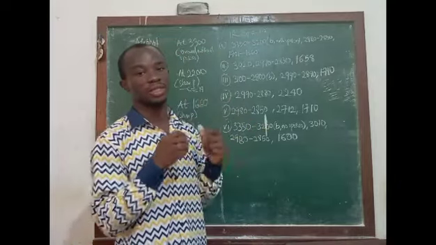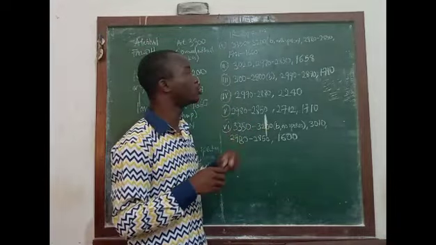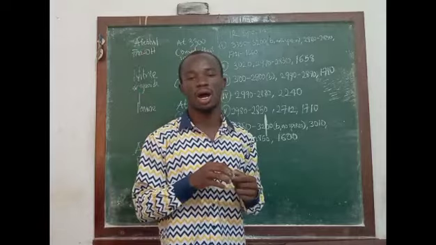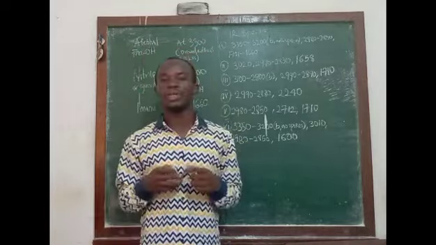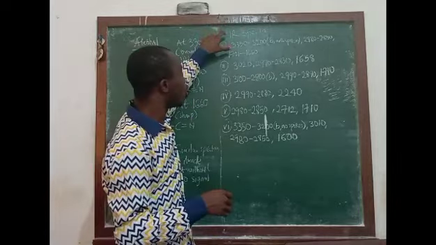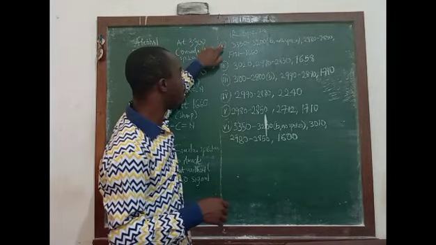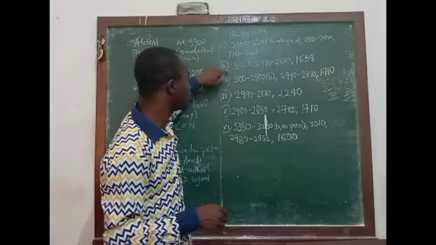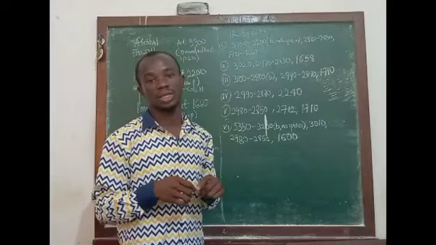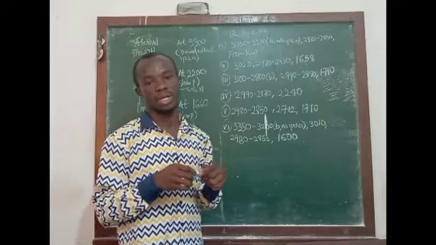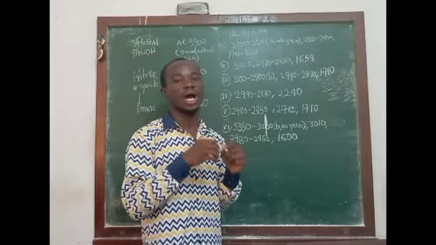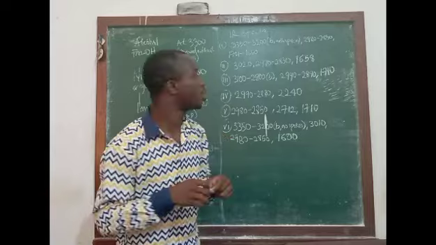But like I said, in this video we are going to work on some examples to see how to apply some of the things that we have learned. So now we are going to be looking at these different IR spectra, 1, 2 to 6. We are going to be identifying the compound they represent and the functional group that is present in them.